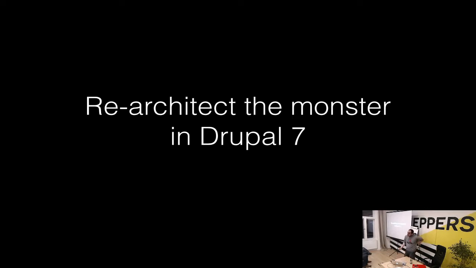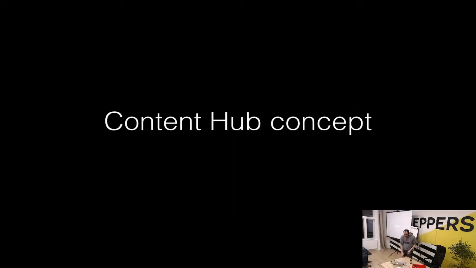So we decided we want smaller sites, but we still had this major problem that these sites want to share content with each other a lot. So then we introduced this thing which we called the hubs.